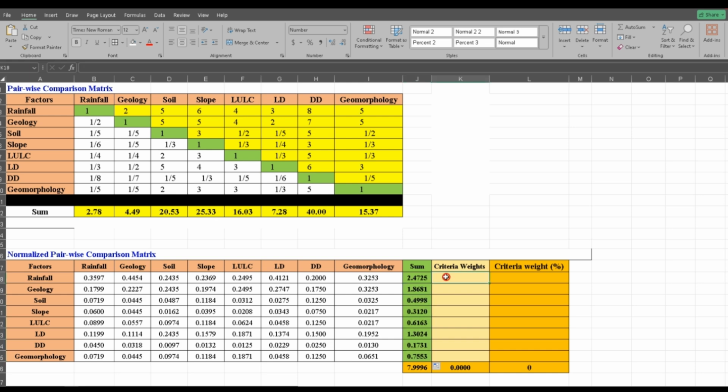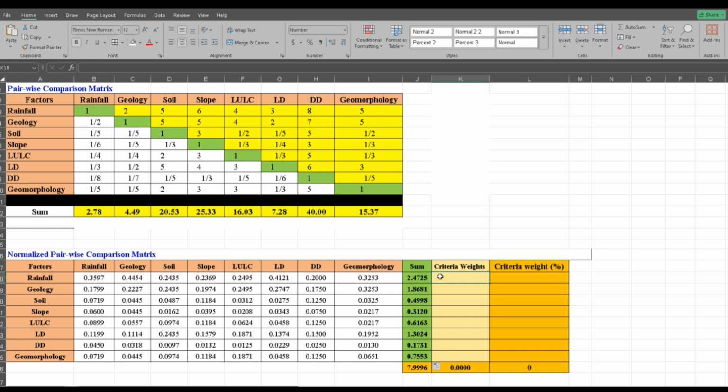Now, here our main objective is to calculate the criteria weights for rainfall, geology, soil, and all other criteria. Therefore, the criteria weight is equal to, here we have 8 criteria or 8 elements. Therefore, the number of elements is equal to 8.